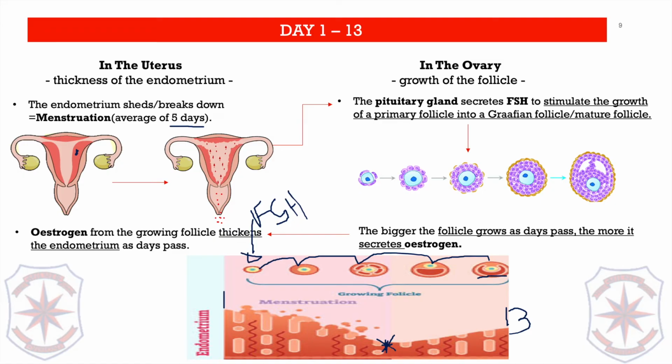All right? The more it grows bigger, the more it produces estrogen. And let's look at what estrogen does. Estrogen will make the endometrium become thicker and thicker until day 13.